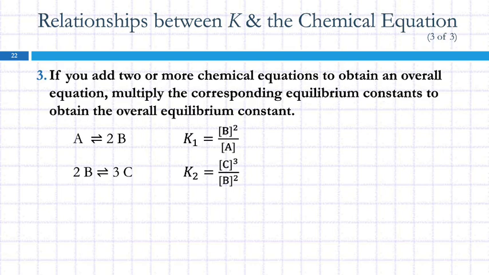If you add chemical equations to get an overall equation, instead of adding the equilibrium constant expressions like we did with delta H, we're going to multiply them. So it's like you took the operations and you cranked them up a notch, from adding to multiplying, from multiplying to raising to a power.